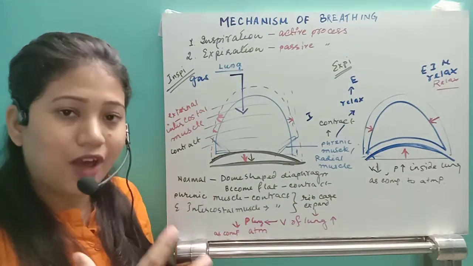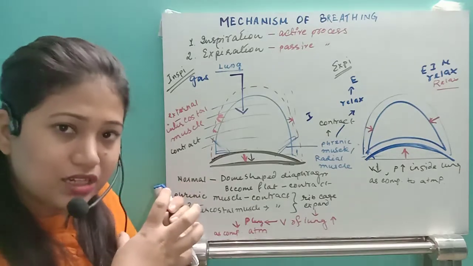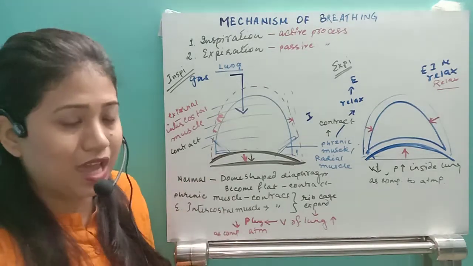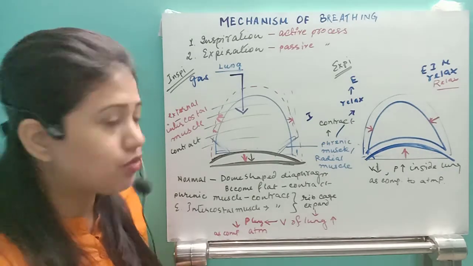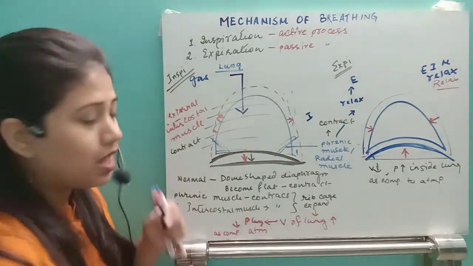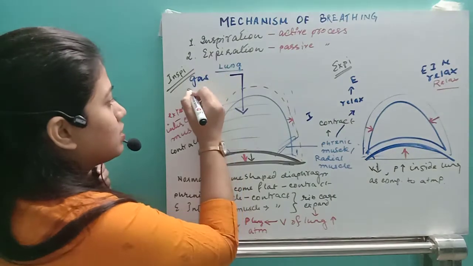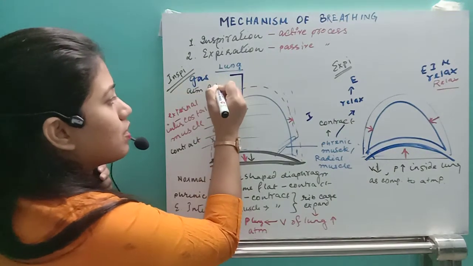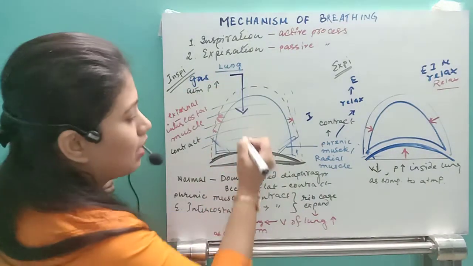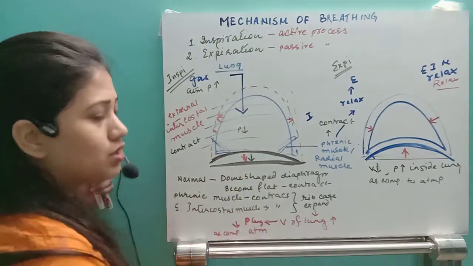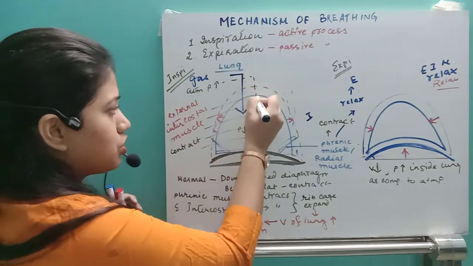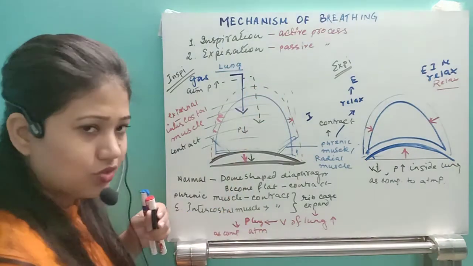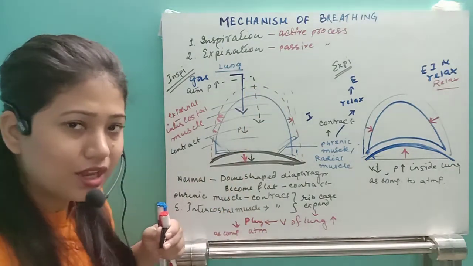As we have high pressure due to the decrease in the volume, what will happen to the gas? The gas will move from the region of higher concentration to the lower concentration. Earlier, in the atmosphere the pressure was higher, and inside the lung the pressure was decreased. So that's why the gases entered inside the lung.